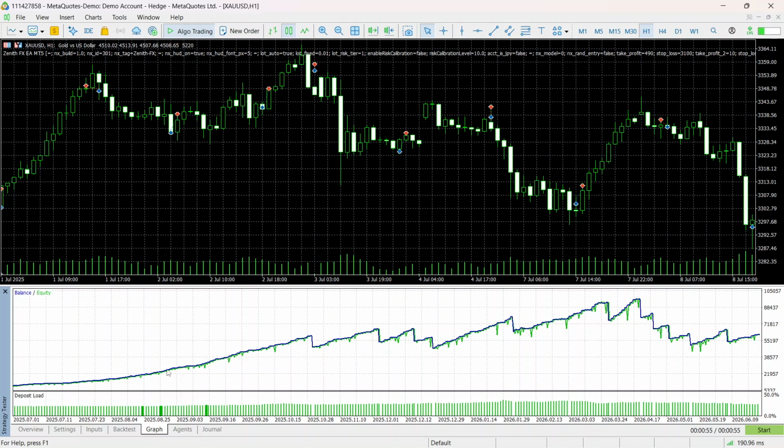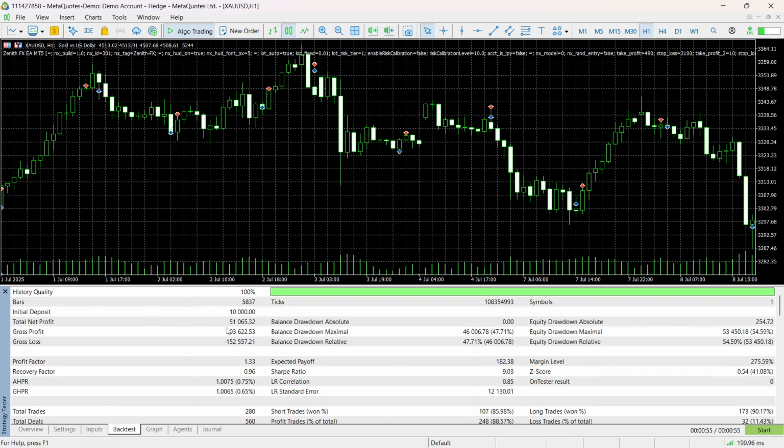It grew the account from 10K, as you can see here, to 51K by the end of the period. And as you can see here, we had a gross profit 203,000, gross loss 152. Our recovery factor is way lower, 0.96, and a 1.33 profit factor, which is significantly lower than the 40 and 39 that they claimed on the backtest.